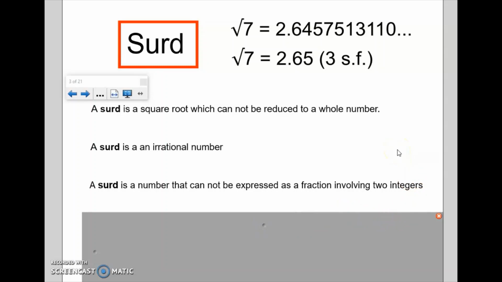So if we think of the fraction 2/3, that would give us 0.66666 recurring. So it would have a repeated pattern in the digits after the decimal point. Therefore, it could be expressed as a fraction. It would not be a surd.